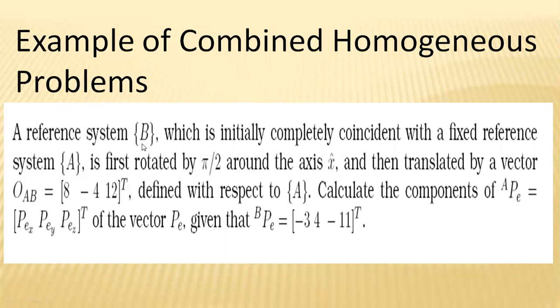So initially the base frame has been fixed, and one rotation has to progress. When the base frame is initially fixed, the end effector position is the vector -3, 4, -11. This is the initial position when the end effector is referred from the base point, which we take as the origin point, 0 0 0.